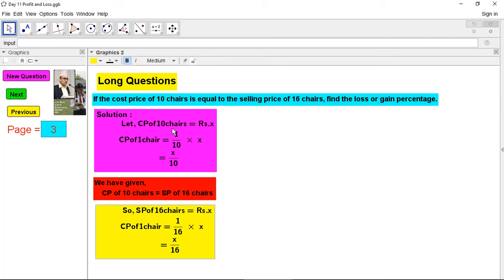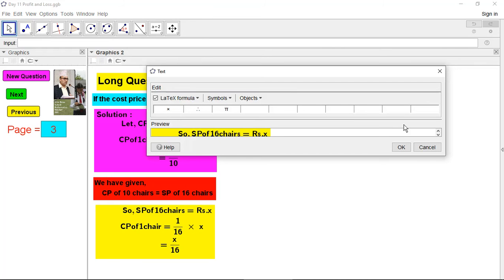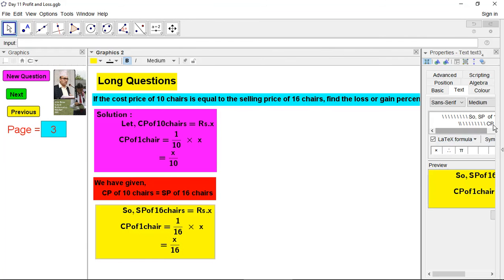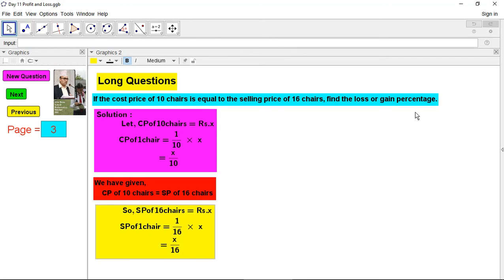Because CP of 10 chairs equals x and SP of 16 chairs equals x, you may have confusion, but we have taken this from the given condition, CP of 10 chairs equal to SP of 16 chairs. Oh sorry, this is SP, dear students. Here I mistakenly wrote that. SP of 1 chair equals x by 16.